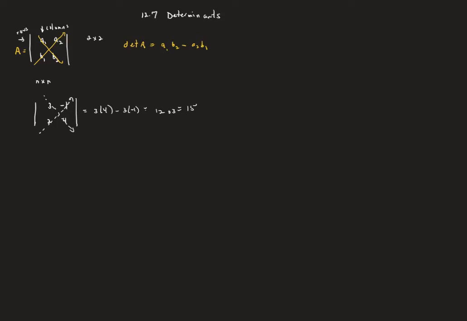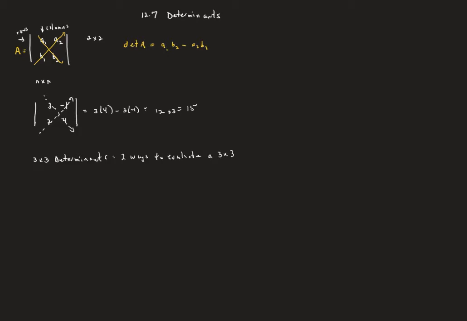So let's move on to 3 by 3 determinants. In this case, we're going to see that there are actually 2 different ways of evaluating these. One of them works only for 3 by 3s.